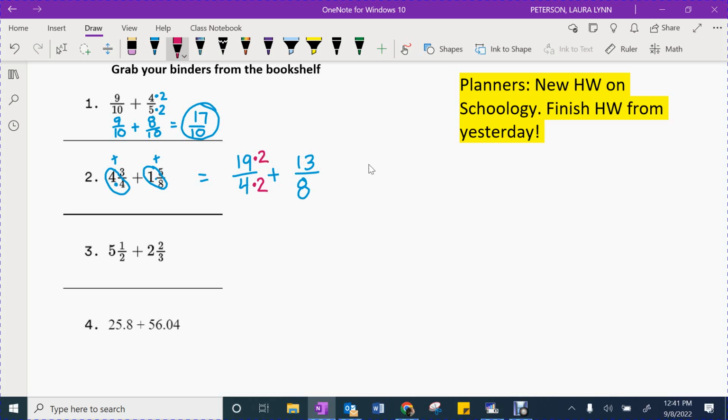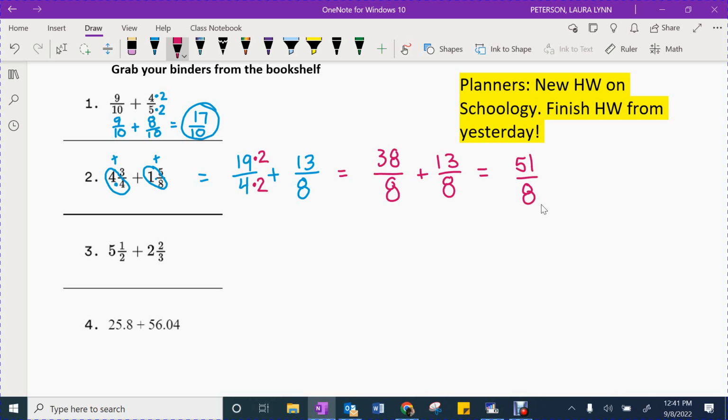I wrote a little too big, so I'm going to have to write it off to the side. But 19 times 2 is 38 over 8 plus 13 over 8. Keep the denominator the same, and we do 38 plus 13, and that's 51.